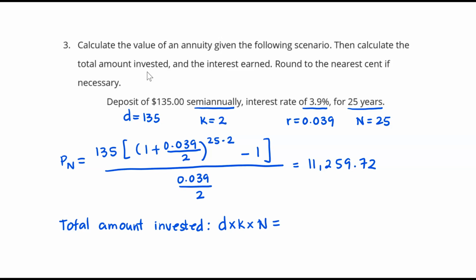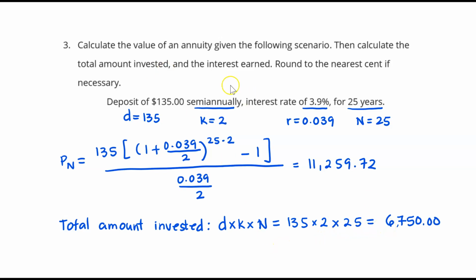So we have 135 here times 2 times the number of years, which is 25. So 135 times 2 times 25 is equal to $6,750. That is the total amount invested.